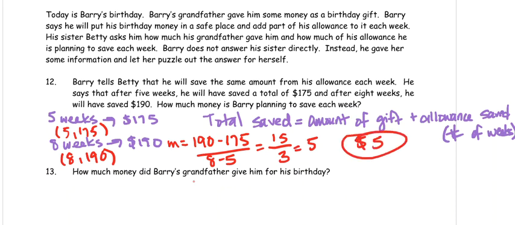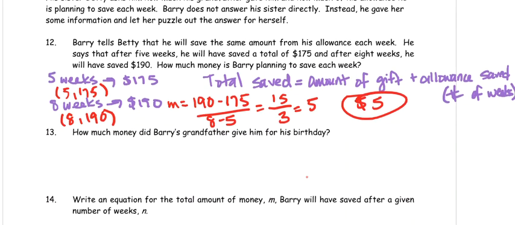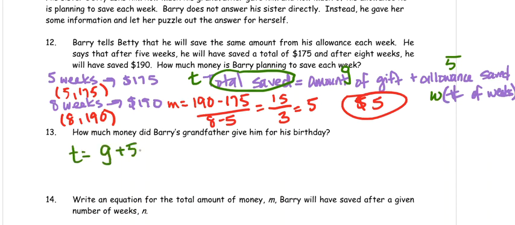How much did Barry's grandfather give him for his birthday? And this is the part that you don't know. So let's now start making variables for this. If you want, total saved is T, amount of gift is G, allowance saved, we know that's 5, number of weeks is W. So T is equal to G plus 5W.